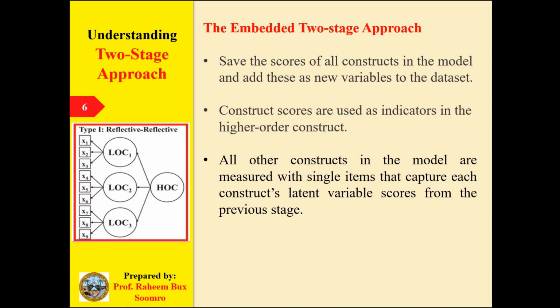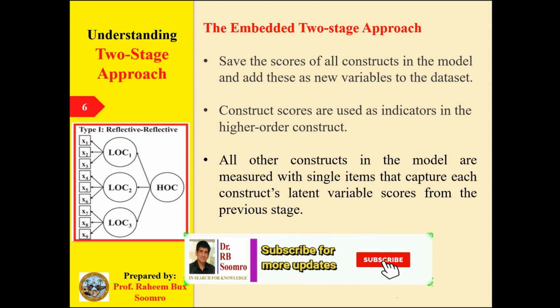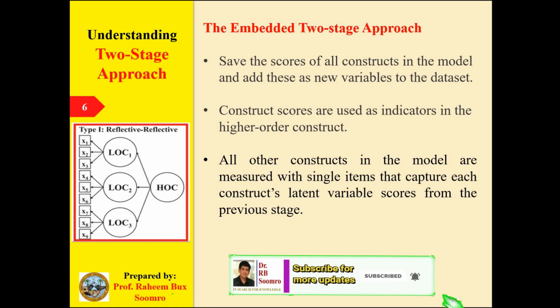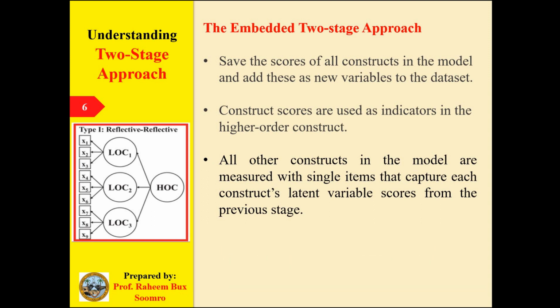Now, the embedded two-stage approach, what happens there? We have to save the scores of all the constructs in the model, and then add these as new variables in the data set. First of all, we have to get the scores.